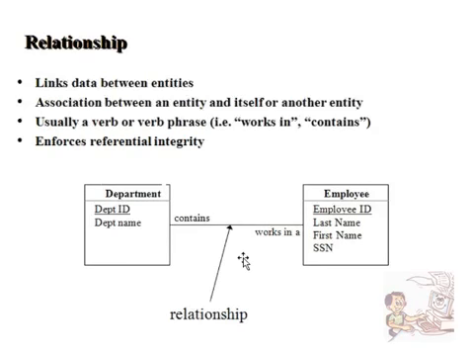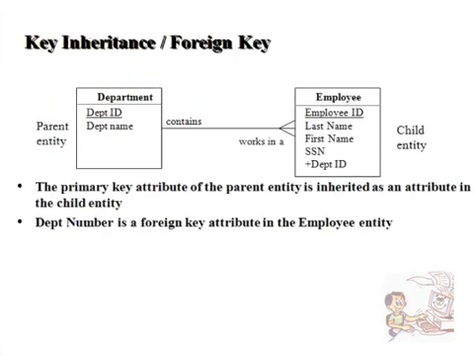Using these relationships, you will be building the concept of inheritance and foreign key as well. When you build these relationships, that becomes a foreign key. We will come to this, but first let us talk about these relationships.